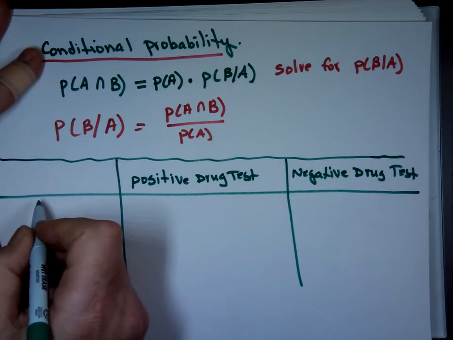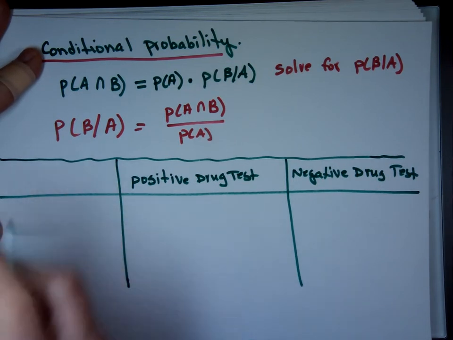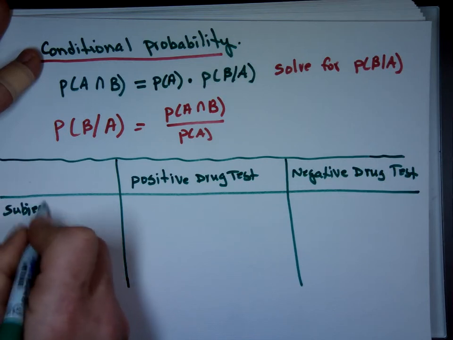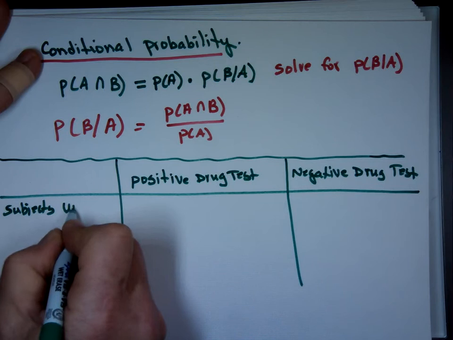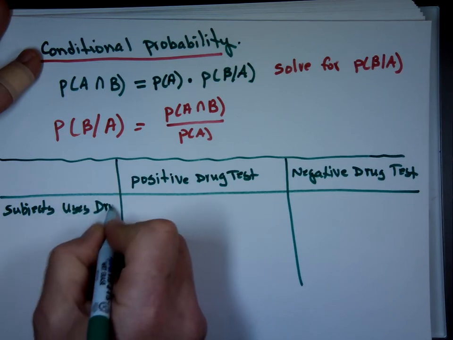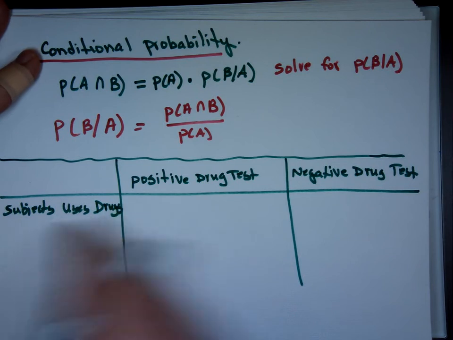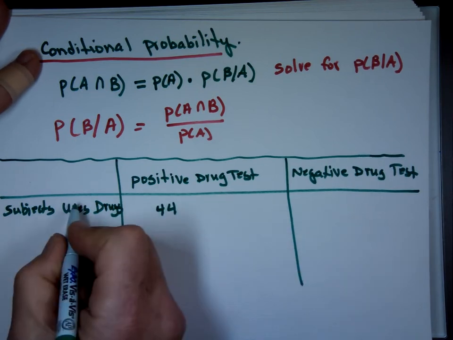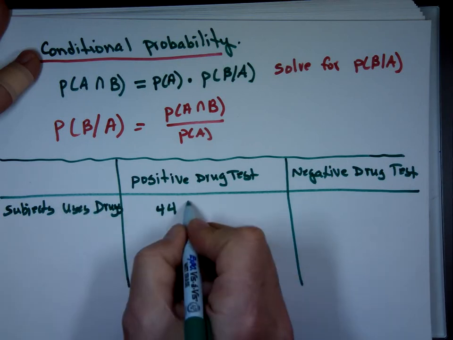Let's test it on the people we know use drugs. Subjects who use drugs. We ask them, you guys use drugs? Yes, I do. They're not shy about it. And we test them. That's 44. The result came out, yes, confirm. That's what we call a true positive.